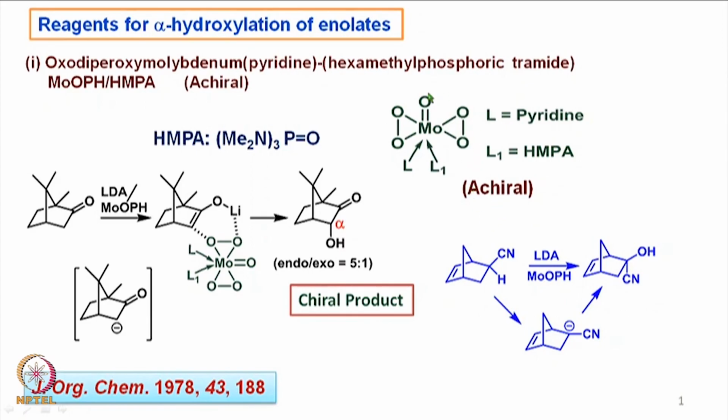Now, this acts as an oxidizing agent, and if we react a chiral molecule like this, which is camphor, with a base like LDA and this MoOPH, which is the reagent, then under basic conditions like LDA, it would deprotonate the proton alpha to the carbonyl group, leading to this particular anion, which will exist as an enolate.